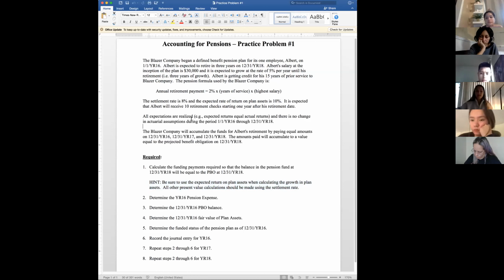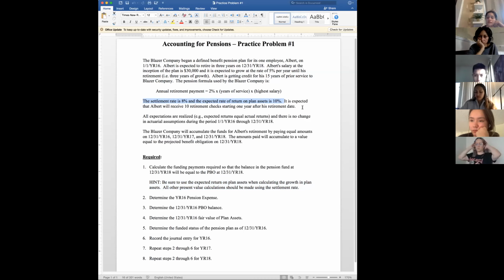Okay, so when we calculate interest cost and any present value calculation, we will use the rate of 8%, but then when we calculate the return on plan asset, how much the investment fund or plan asset grows, we will use 10%.